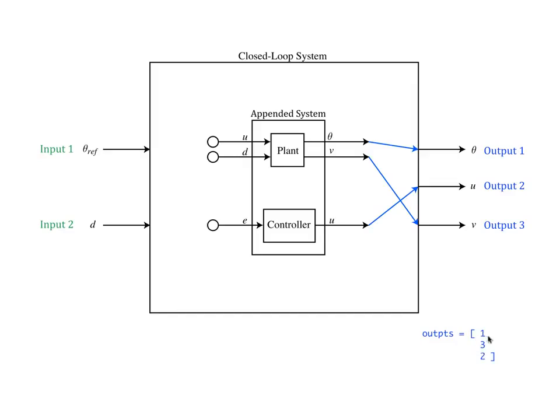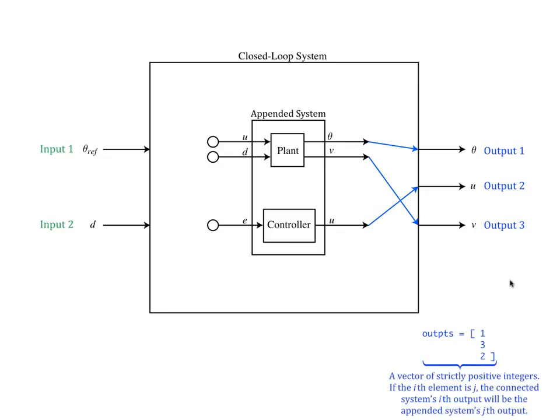The second element is a 3 to indicate to the connect command that the second output of the connected system is to be the third output of the appended system, as indicated by this up arrow here. And finally, the third element of the outputs vector is a 2 to indicate to the connect command that the third output of the connected system is to be the second output of the appended system, as indicated by this blue arrow here.